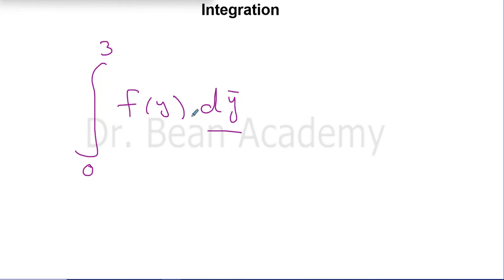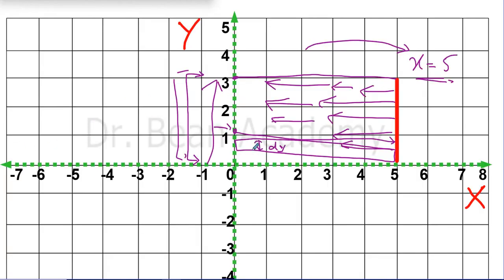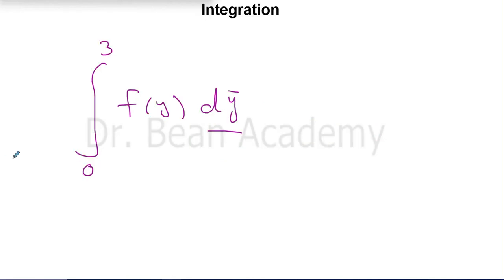In this case we don't need it, but if there is a function like this, we need to give the value of y to get the length of the side of the rectangle.